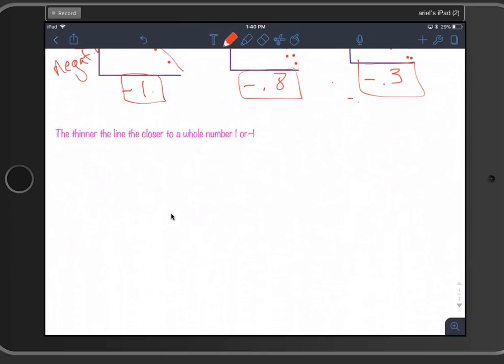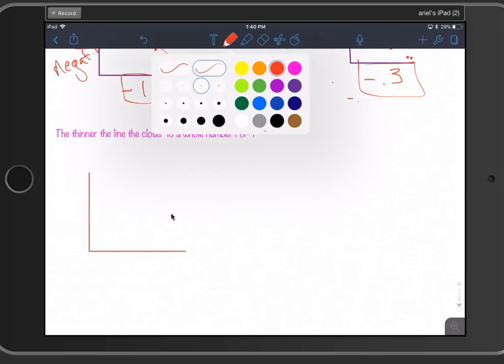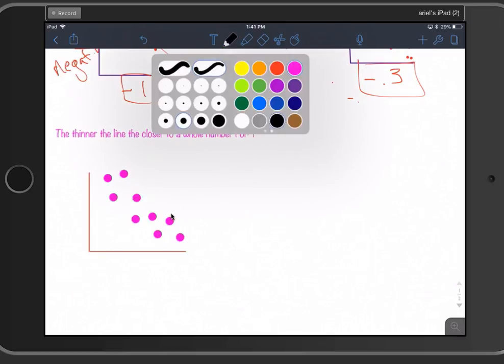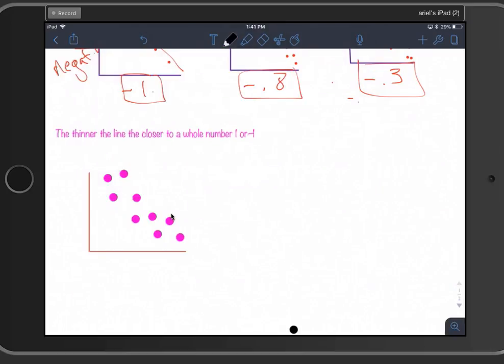They might ask you, for instance, on a line, let's do big dots. And then they would ask you, let's see, I think the one on the example, buses per hour.